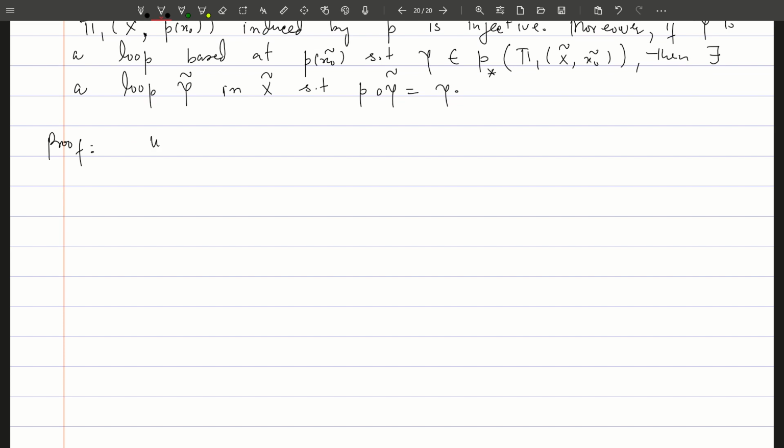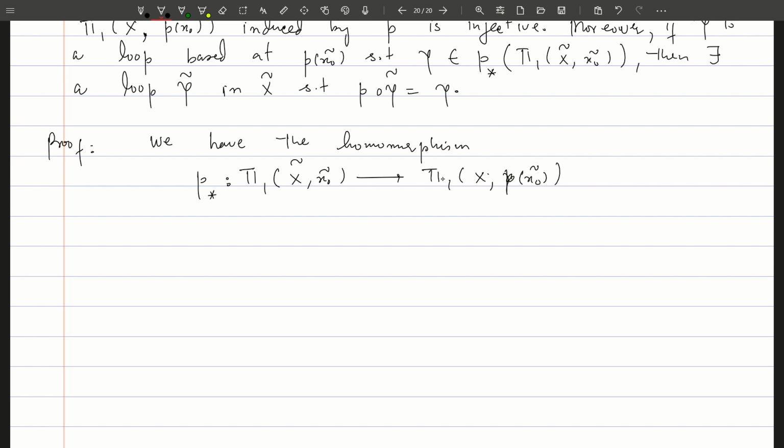So we have the homomorphism P star from pi 1 X tilde X naught tilde to pi 1 X based at P of X naught tilde.